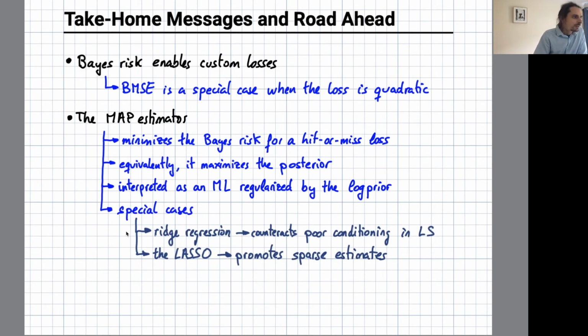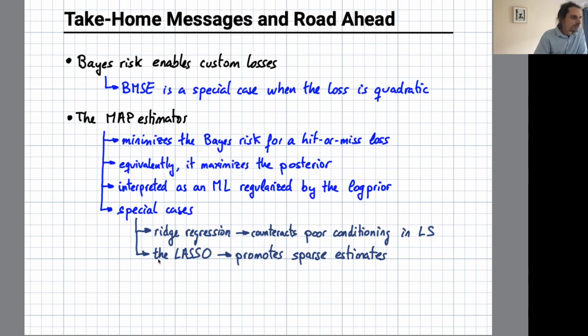And we considered a couple of special cases or examples. One of them was ridge regression. In this case, the maximum a posteriori estimator generalizes the least squares estimator, and it doesn't suffer from conditioning problems and doesn't require identifiability assumptions.